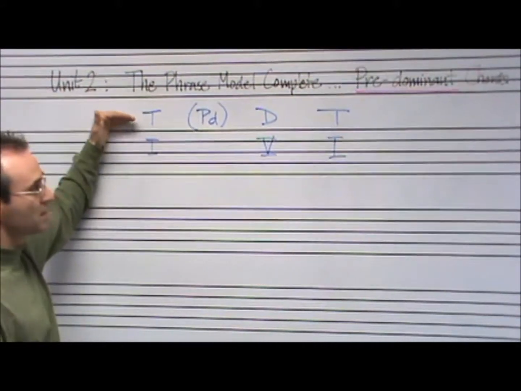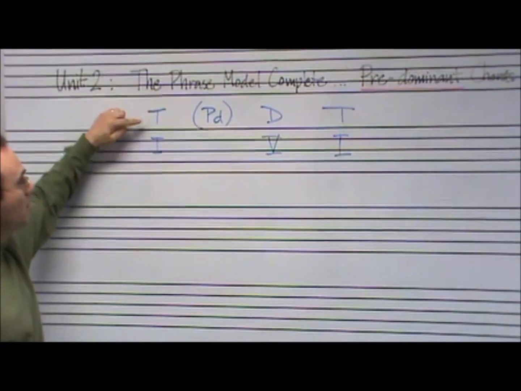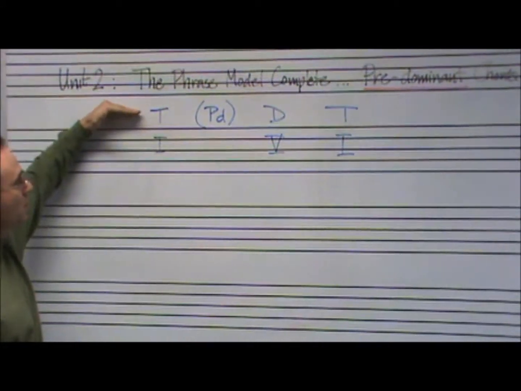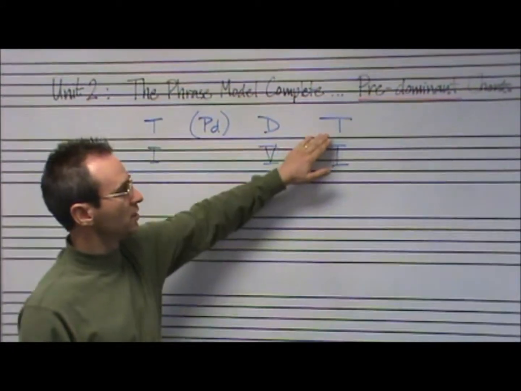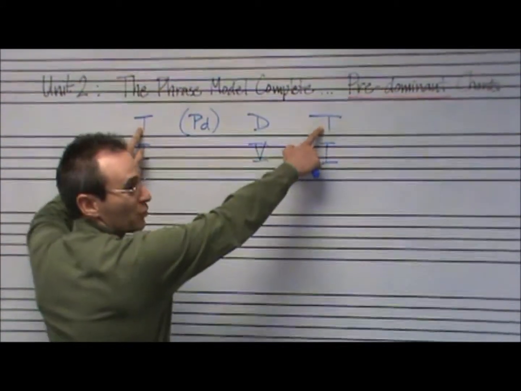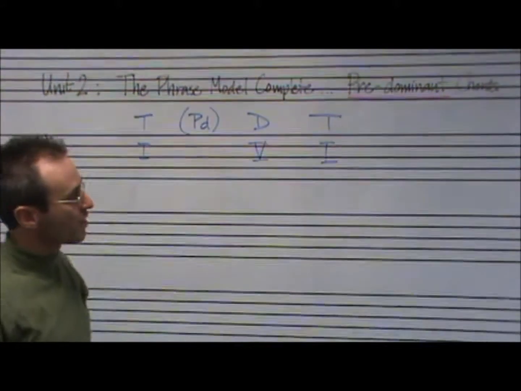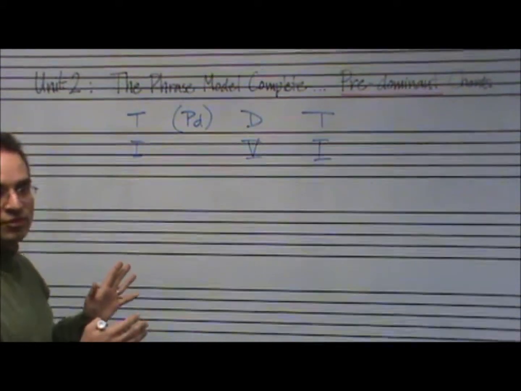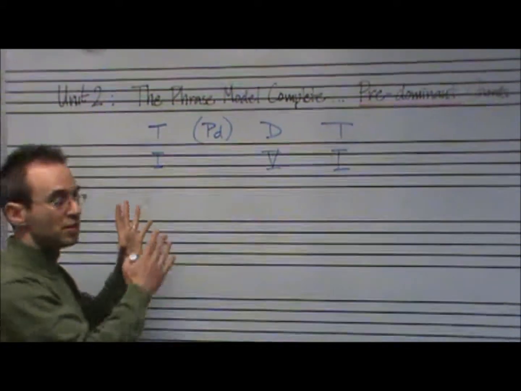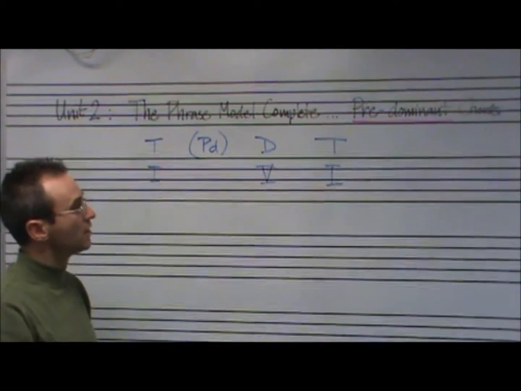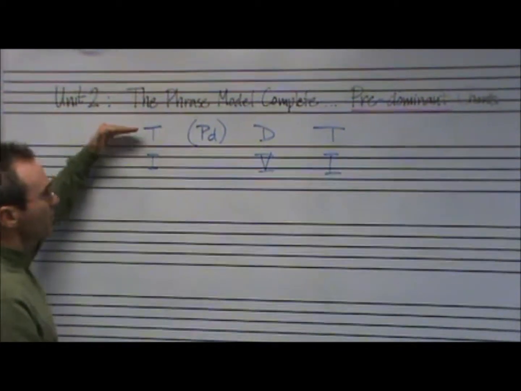When we're using these symbols up top, not these very specific ones, but the tonic, the predominant, the dominant, the tonic, these two tonics are quite different, by the way. This is the opening tonic, and that's the tonic that brings closure. We use the same symbol for each, but they're different functions: the opening tonic, the closing function. These are functions.